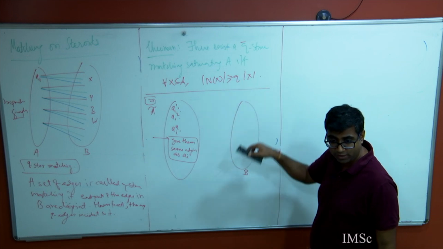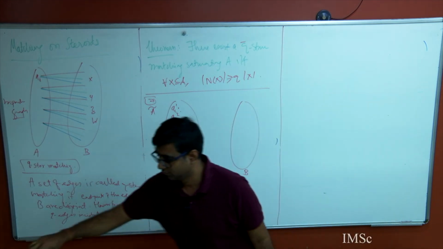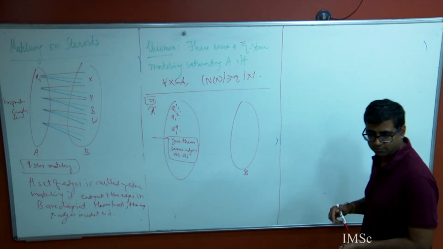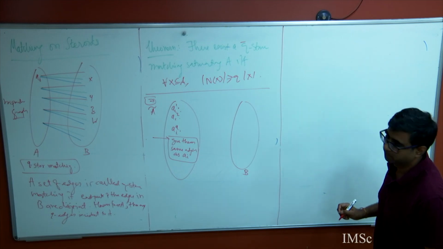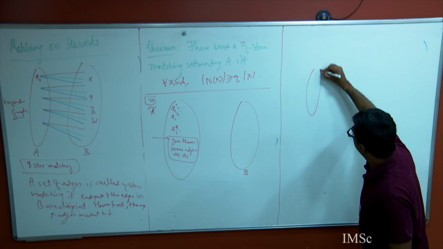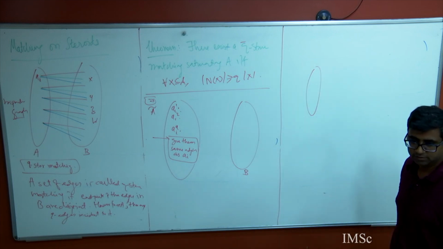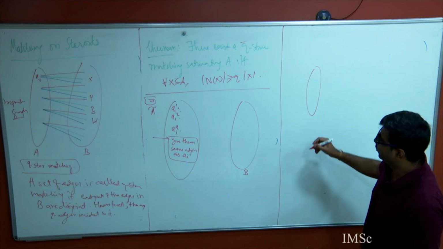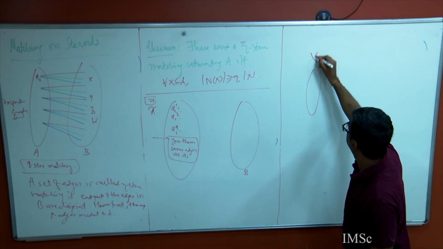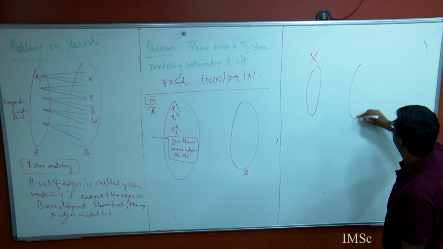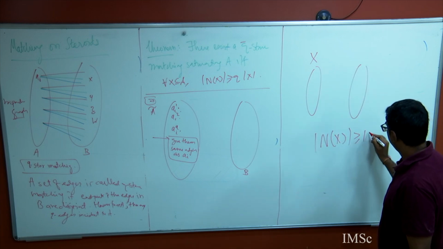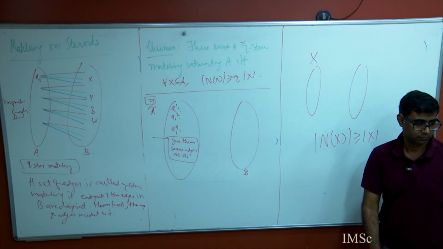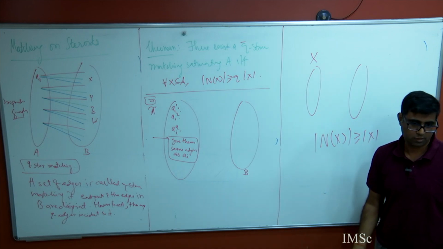Given this condition, we have to show this satisfies Hall's condition. Isn't that obvious? Look at this set of guys. What I have to show is that, for some set X, the size of N of X is greater than or equal to the size of X. This is my goal.